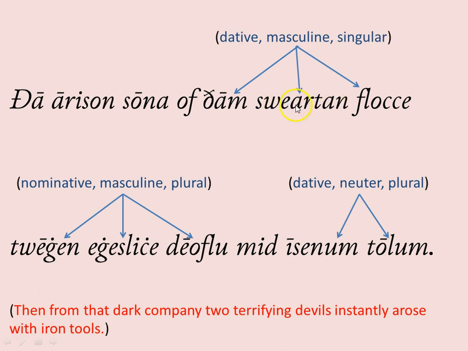Sweartan is the adjective, flocce is the company, the noun, and þæm, the, or that in this case. They all have to agree with each other in case, dative, gender, masculine, and number, singular. Over here, twegen egeslice deoflu, nominative, masculine, plural. And over here, isenum tolum, iron tools, dative, neuter, plural.